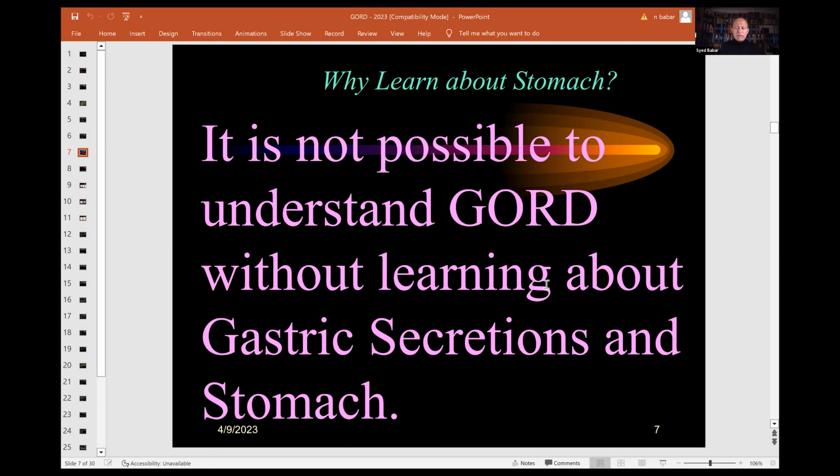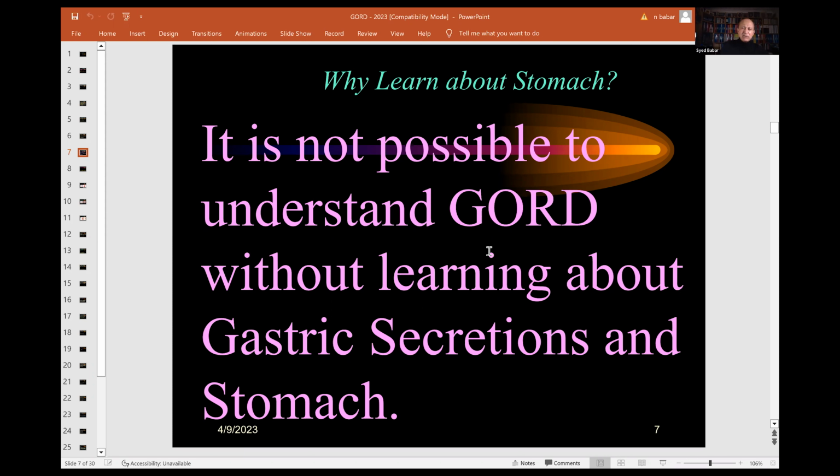So we come back again to the primary objective of this discussion, which is to talk about reflux esophagitis. And I have already explained that in order to understand that, we need to know about stomach secretions which regurgitate, and why stomach secretions sometimes increase and sometimes decrease, causing GORD and also related diseases such as pernicious anemia and other problems.